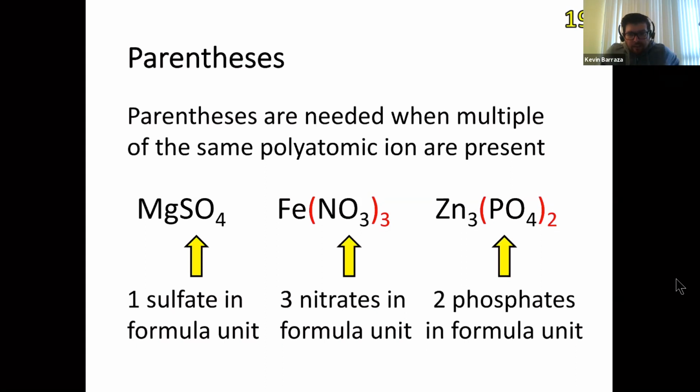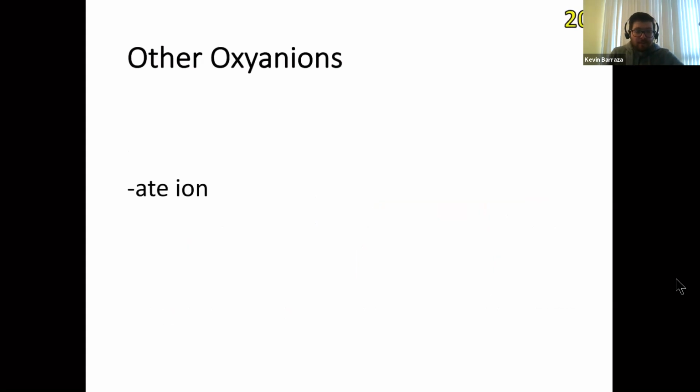Okay. Now, there are actually quite a few oxyanions that we're going to memorize, but I don't want us to necessarily start by making flashcards for every single option. There is a method to the madness. There's a trick to it. And that's something that I go over in the pre-lecture as well.